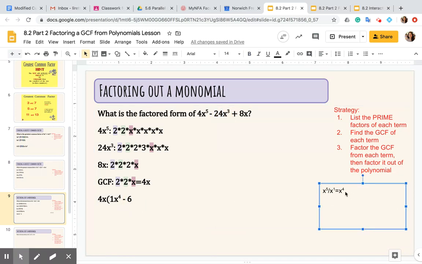To figure out what my x will be, I'm going to take the x to the power 3 and I'm going to divide it by this x. And again, it's to the power 1. So what do you do with those exponents? You subtract them. So you're going to get x to the power 2.